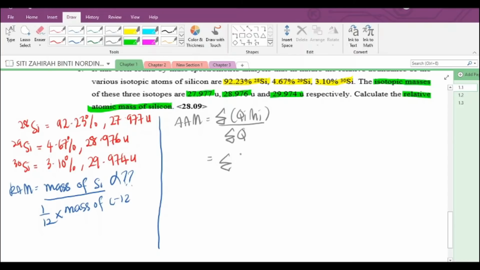So for the abundance, there would be 92.23 times 27.977 U plus Qm for silicon-29, 4.67. Sorry, you don't have to write the percent.